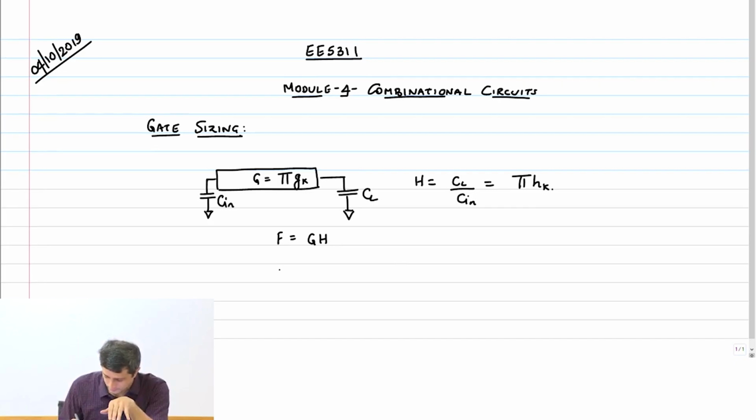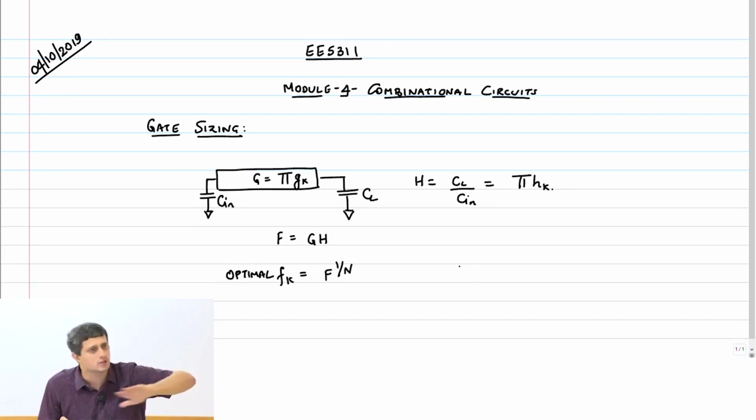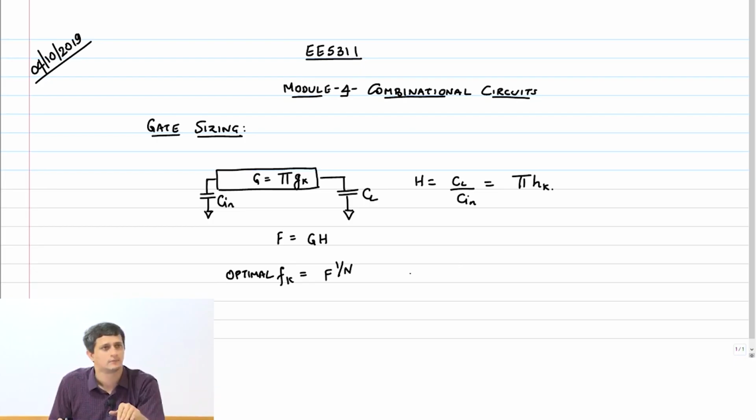So the optimal stage effort Fk is F power 1 by n, so that the job of charging the load capacitance is evenly distributed amongst all the gates in that circuit.